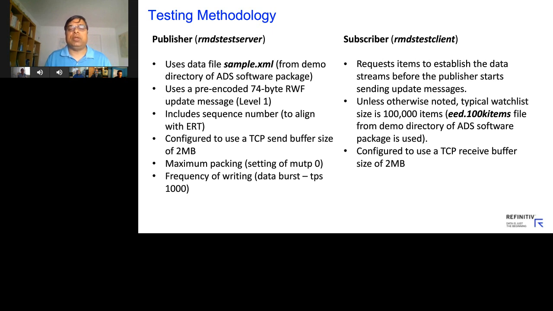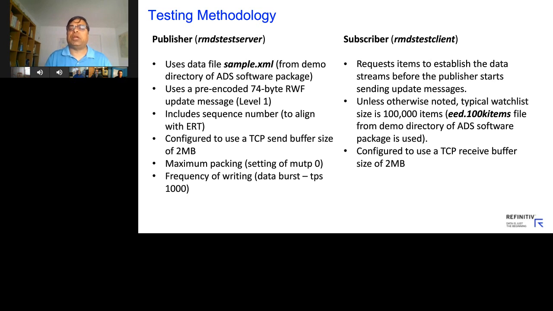And we set that for maximum packing when we are doing the throughput testing. If you want to do latency testing, we set that to a lower value, like say, 10 updates per message. And the frequency of writing is to smooth out the data bursts. So we set a value of 1,000 for the ticks per second. That means every millisecond, the publisher flushes the data.